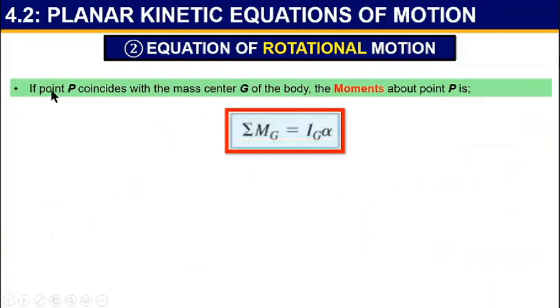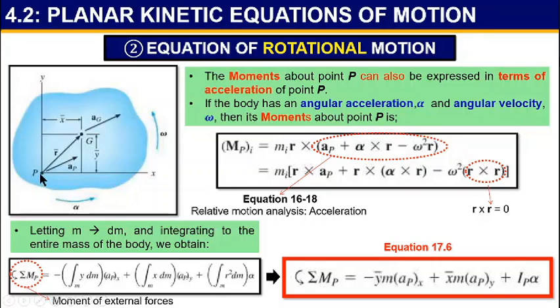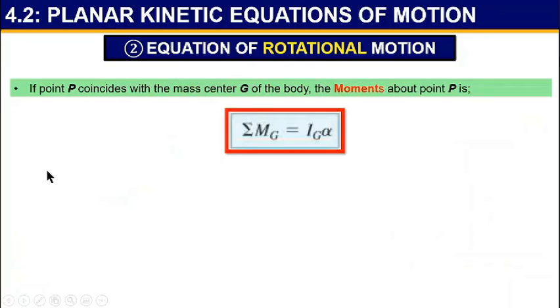If point P coincides with the mass center G of the body, the moment about point P simplifies to moment G equals IG alpha. If point G is here, then the equation is simplified to sigma MG equals IG alpha.